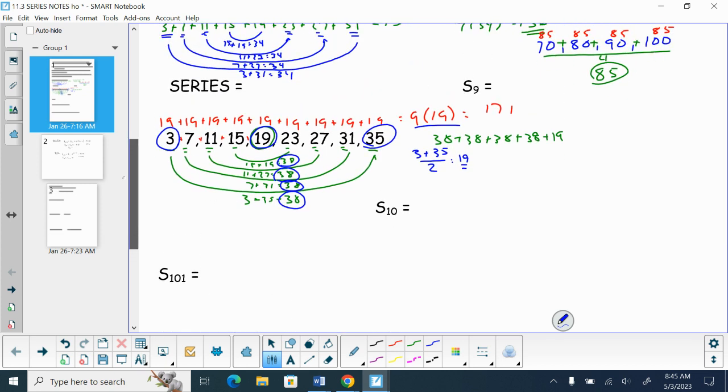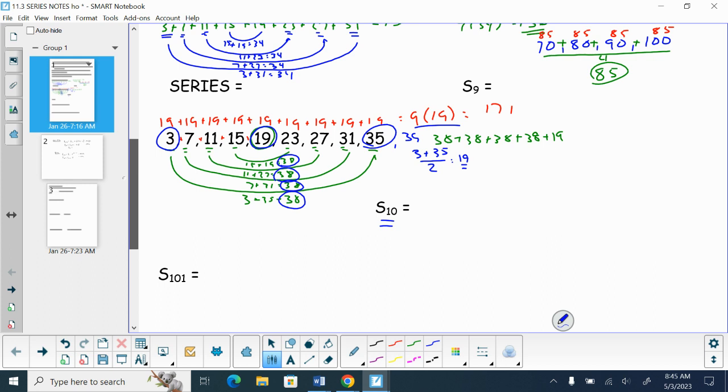So if I want to find the sum of my first 10 terms, I add another term in here, which would be 39. Now my first term is 3, my last term is 39. I want to find the sum of my first 10 terms. Well, let's take the average of the first term and the last term.